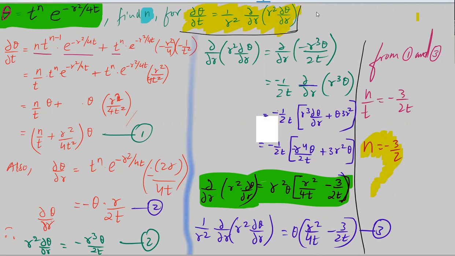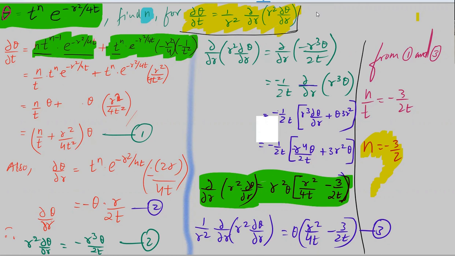So that gives us these two terms. Now, first term I have multiplied and divided by t. So n upon t, I got t raised to n minus 1 into t will be t raised to n. Then e power as it is.